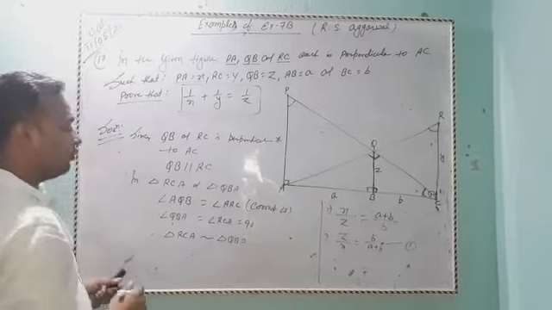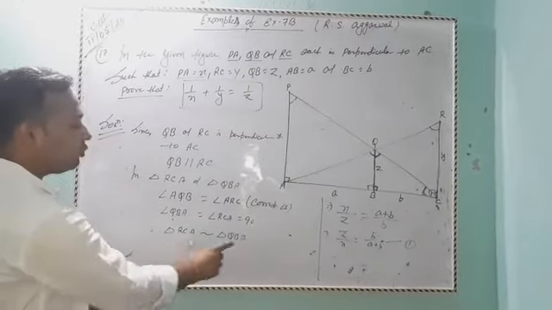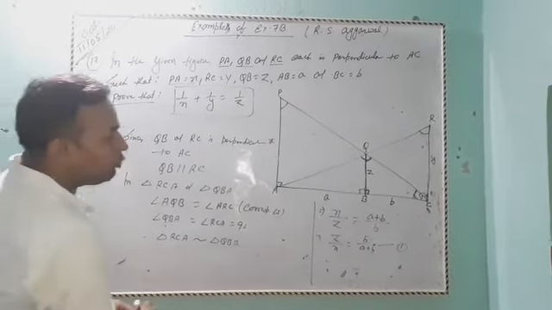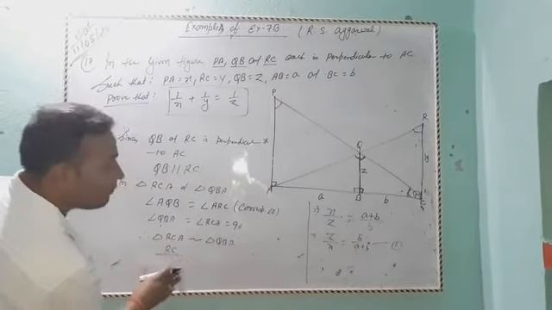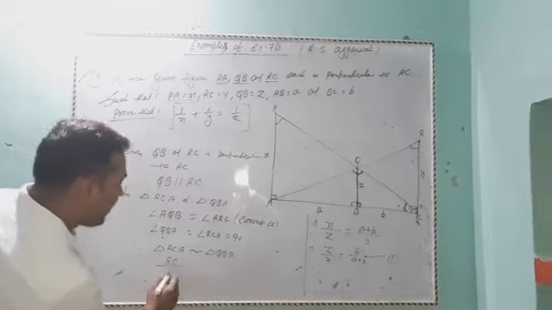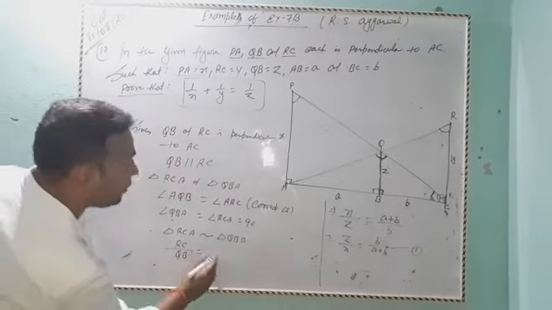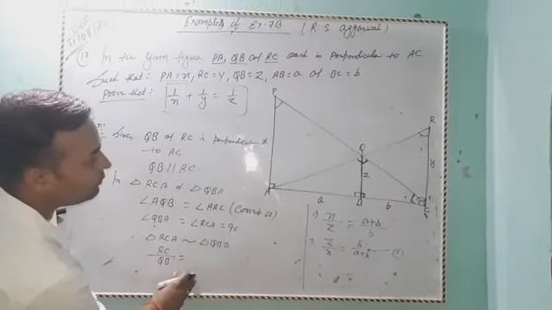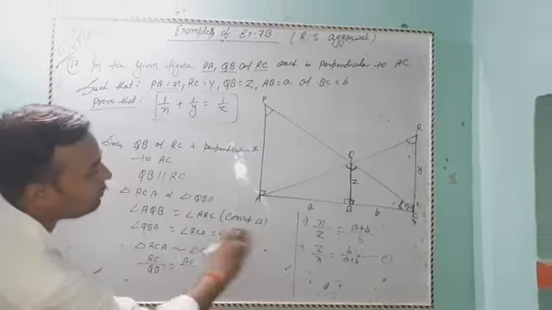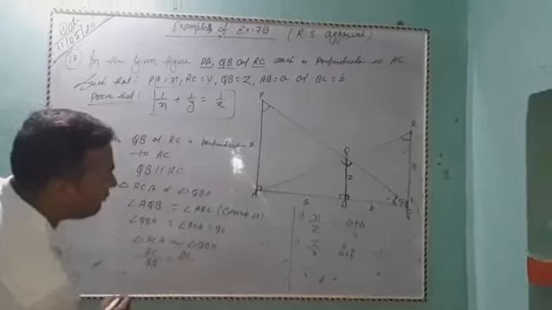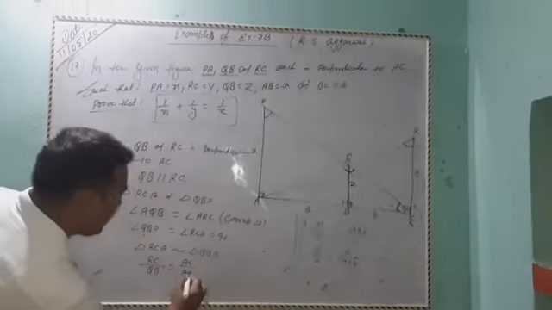Triangles RCA and QBA are similar, which means the sides are proportional. RC by QB equals AC by BC, equals AC by AB.